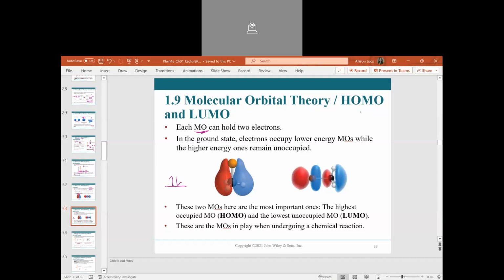The first is called the highest occupied molecular orbital, abbreviated HOMO. And then we have the lowest unoccupied molecular orbital, our LUMO. These are the ones that are going to be forming the bonds between the two atoms. So these are going to be in play when we have chemical reactions happening.